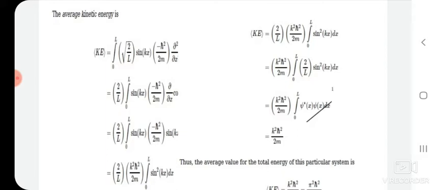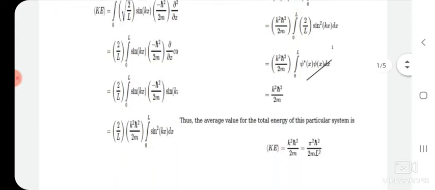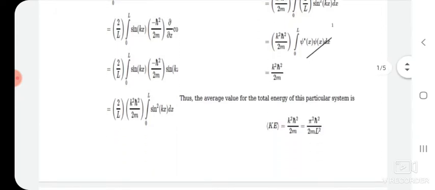If we cancel that, it gives k square h cross square by 2m.